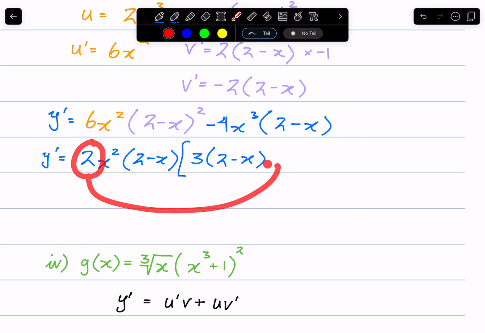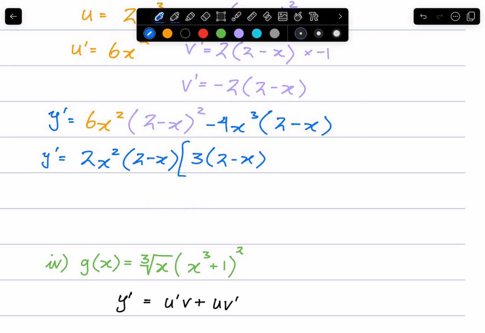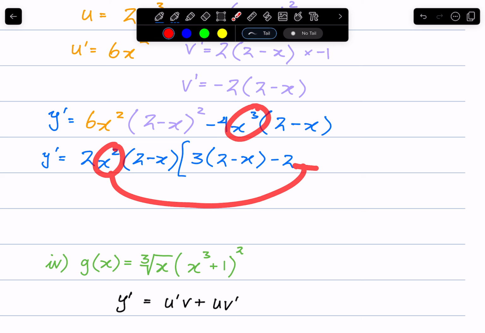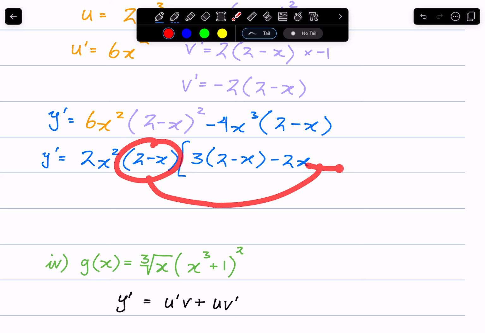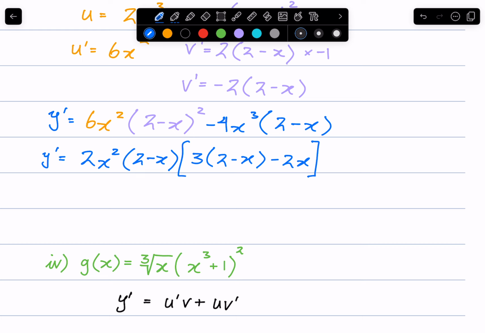2 times something gives me negative 4. That will give me negative 2. x squared times something to give me x cubed, I need another x. And this group is already present for that expression. So this can simplify to give us 2x squared, 2 minus x.